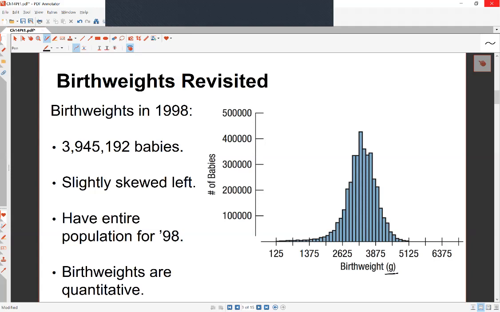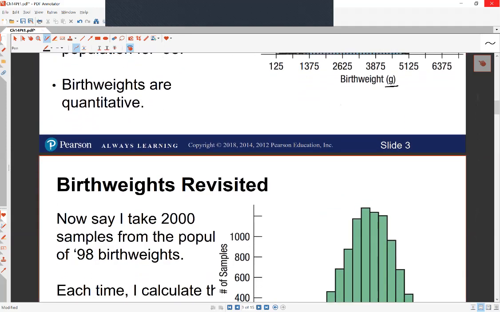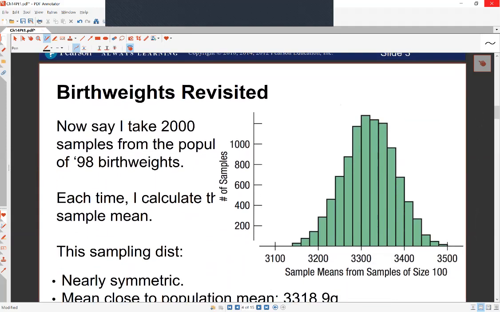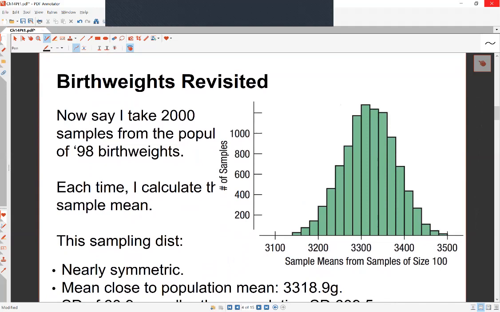Well, we're going to do the same thought experiment and say we can take this population and we can repeatedly take samples from this population. So let's say I do this 2,000 times, right?